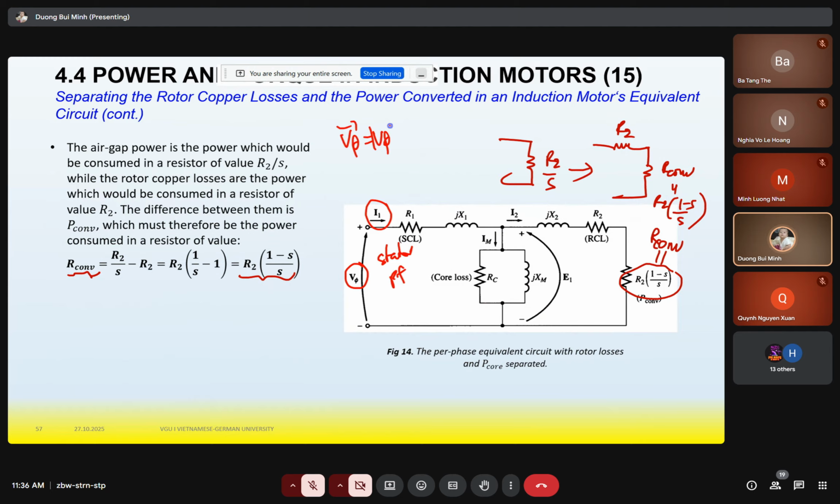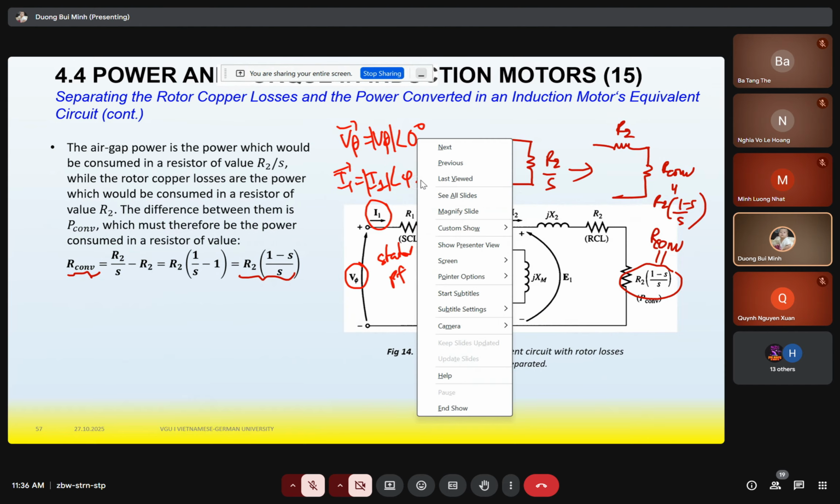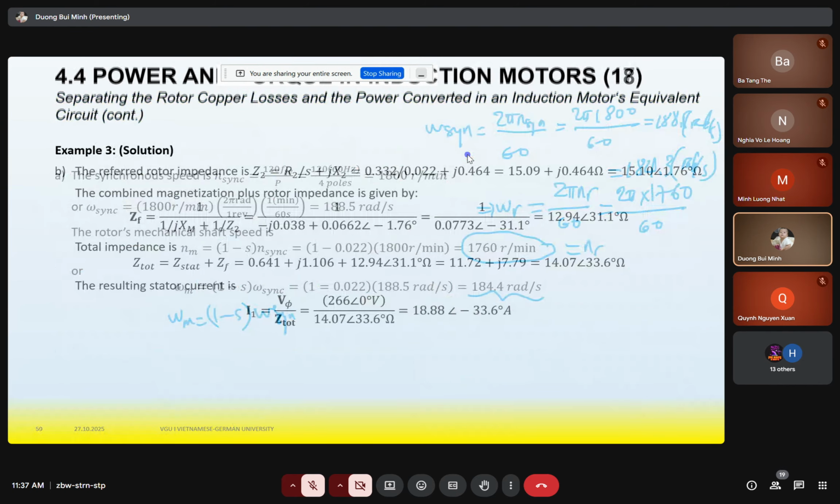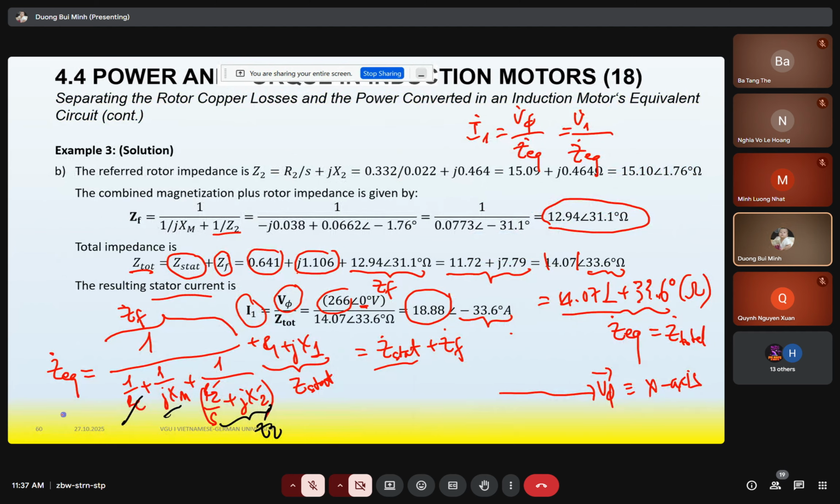Normally V phase has magnitude with phase angle 0, and I1 has magnitude of I1 with phase angle phi 1, so theta is phi 1. Now we come back: we get the current here, with its phase angle and magnitude.